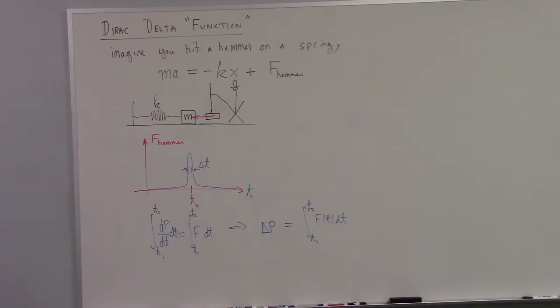You guys work problems like this in physics, right? We threw a baseball or a tennis ball against a wall and it bounced off. You're asked what's the change in momentum, what's the impulse delivered to the tennis ball by the wall. And that's also kind of like this. There's this momentary impact, there's an impulse delivered, and that's kind of it.